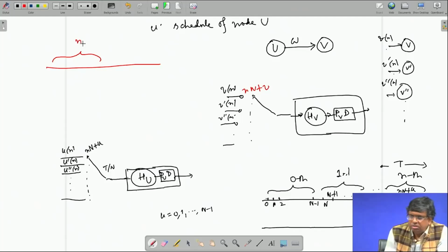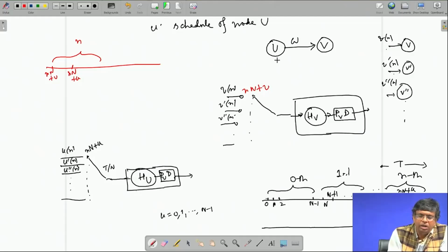From nth, this is n plus 0. I am interested at n plus u. I am starting at u first. So, okay, at that system clock, the data enters, okay, goes through this process. After being processed by the u category, it has to be delayed by W number of input cycle.